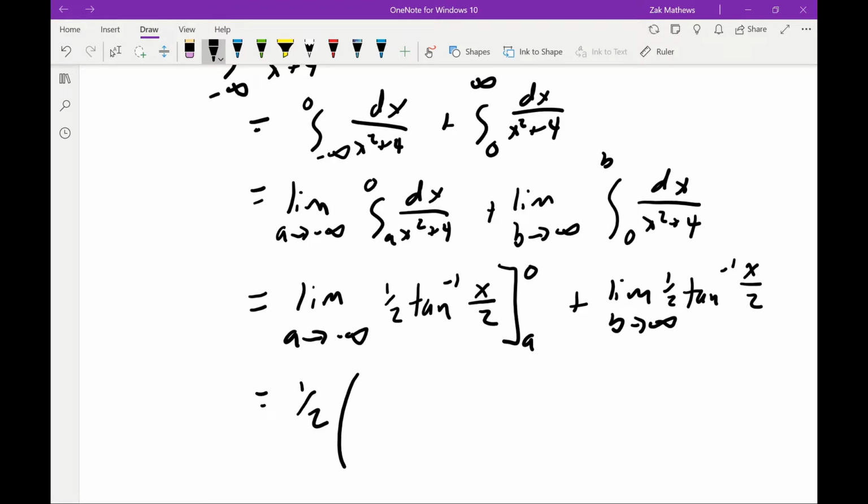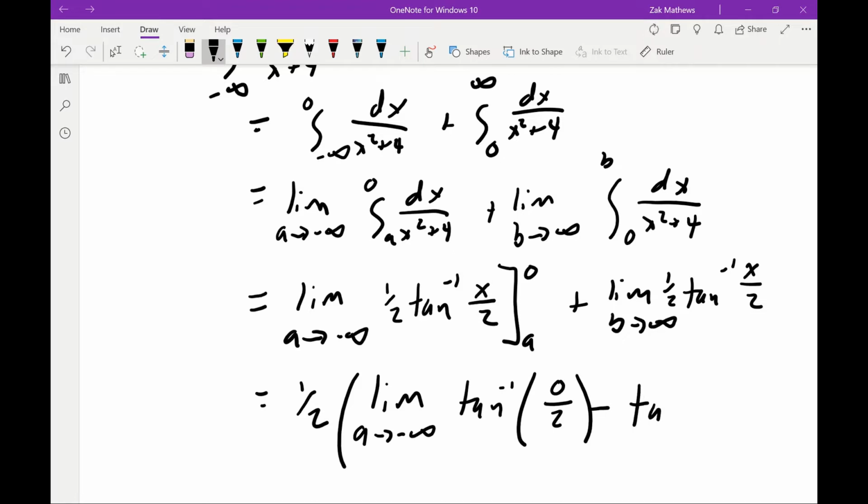And then we'll have the limit as a approaches negative infinity of inverse tangent of 0 over 2 minus the inverse tangent of a over 2.